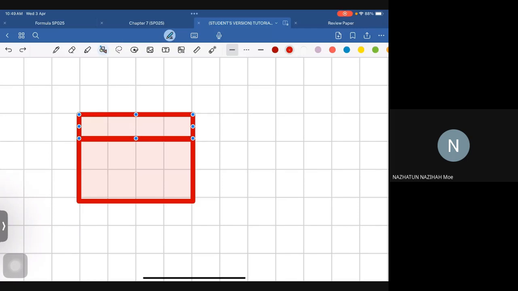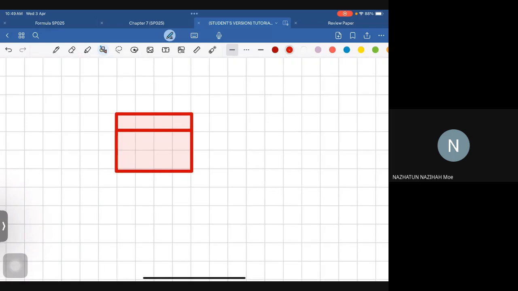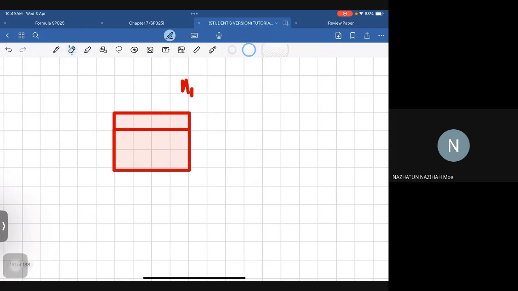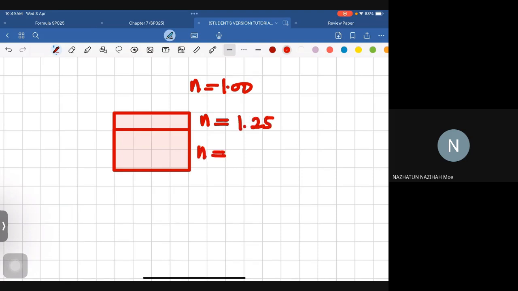This is acetone film. Okay, so sekarang ni obviously kita akan ada udara lah as our first medium. Okay, this one is 1.00. This one is the acetone, which is 1.25. This one is glass, which is given as 1.5.